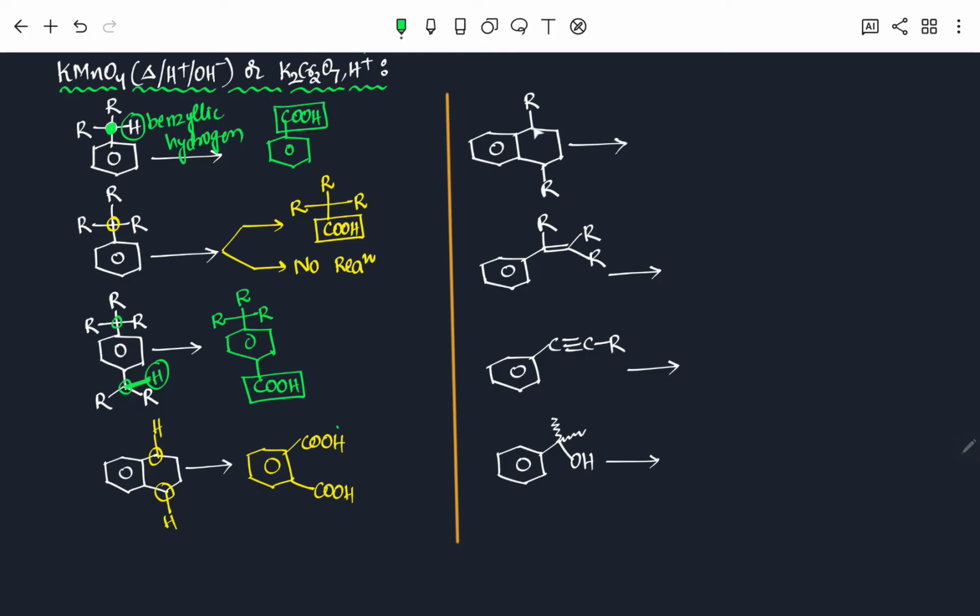Next example, benzene next carbon, benzylic carbon, benzylic hydrogen; benzene next carbon, benzylic carbon, benzylic hydrogen. The entire side chain, carbon chain, will be converted into the corresponding COOH group. And this molecule's common name is phthalic acid.